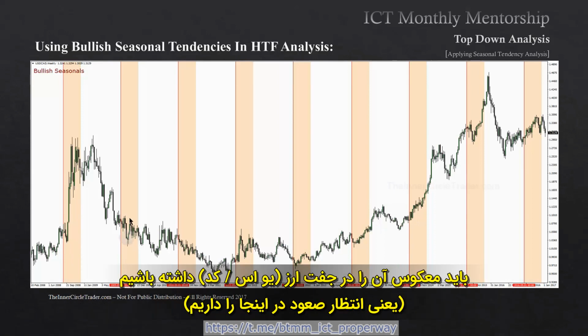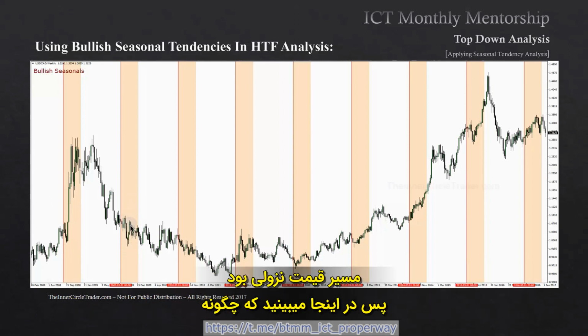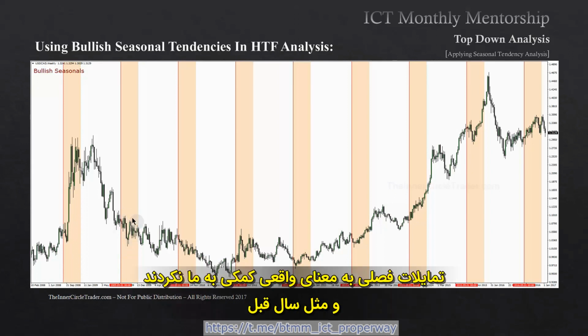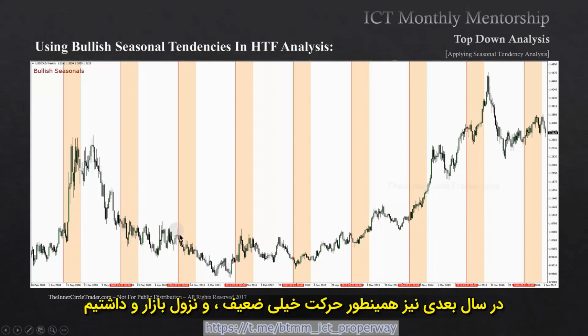So that means we would expect bullishness in here. Now, while we didn't press up to make new higher highs, there was a nice little pop, nice little rally in here, but overall the direction was down. So you can see how the seasonal tendency really wasn't much help in terms of seeing higher prices. Very next year, same thing, very weak, it was lower.